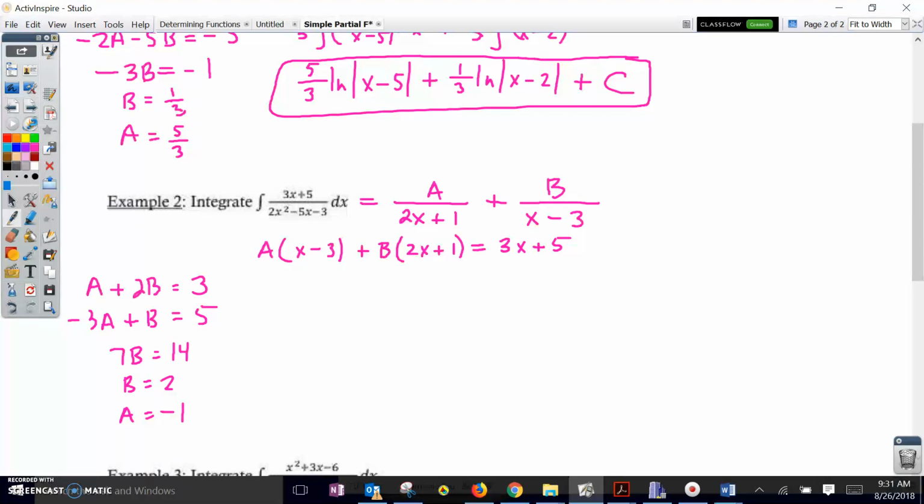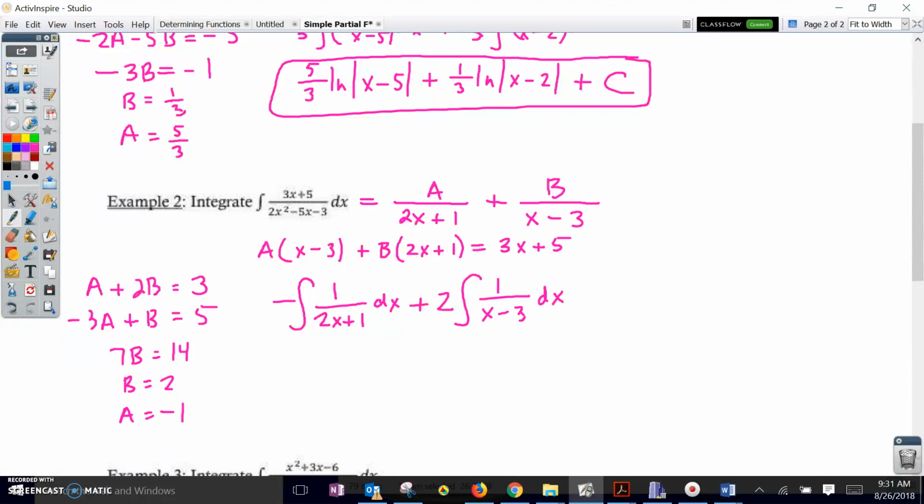Alright, so this turns into negative the integral of 1 over 2x plus 1 plus 2 times the integral of 1 over x minus 3. Now I'm going to integrate both of those.